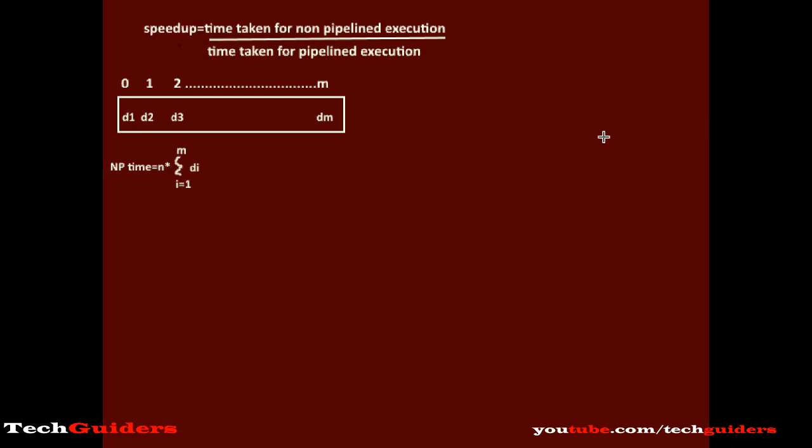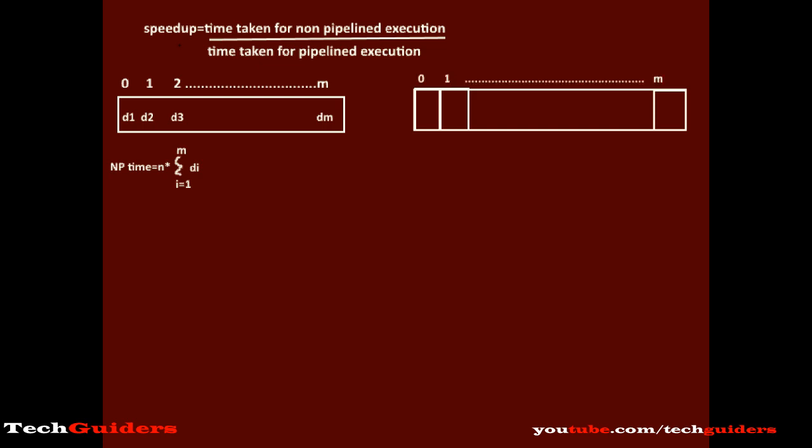Now if we are using the pipeline approach for implementing this system, for each phase we have a separate independent unit, hence there are m number of stages. We need to introduce interstage buffers and we need to set the clock period equal to the longest delay among these. That longest delay will be the sum of the buffer delay plus the longest among these delays.